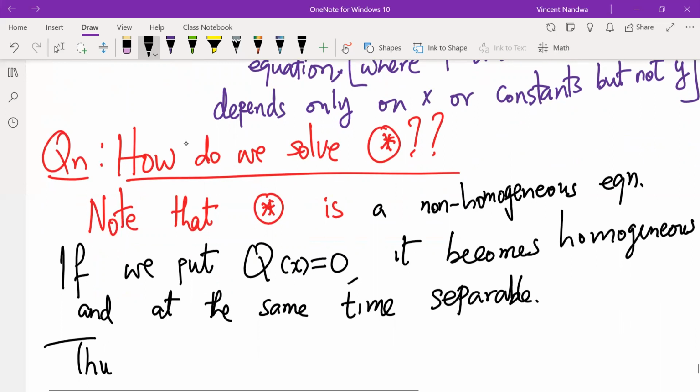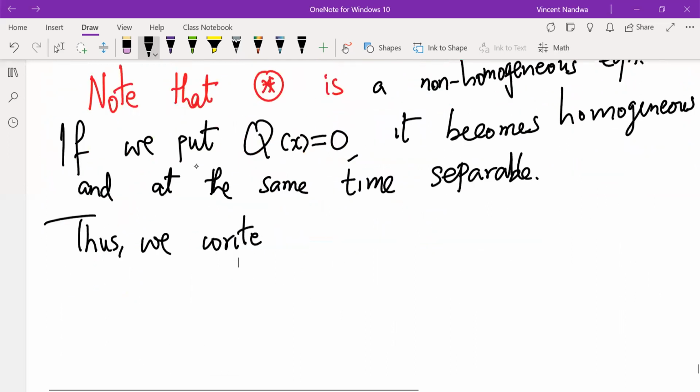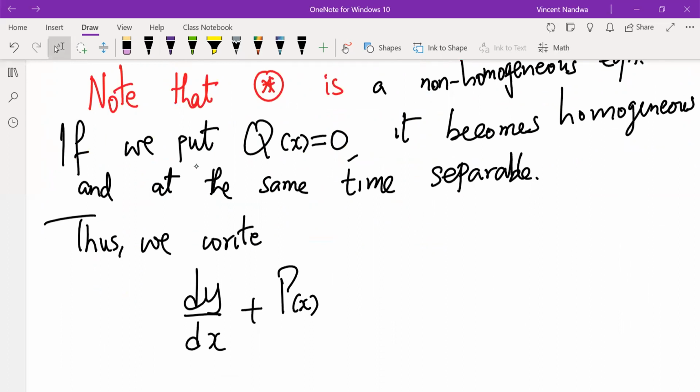Thus we write dy/dx plus p of x y equals 0, because we have let the right hand side to be 0.